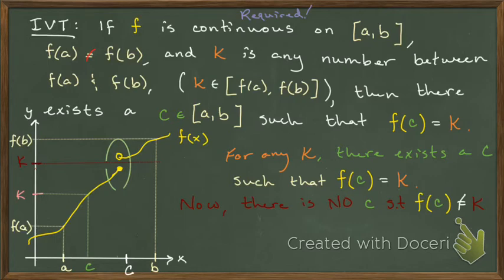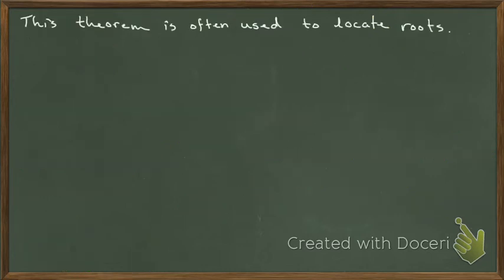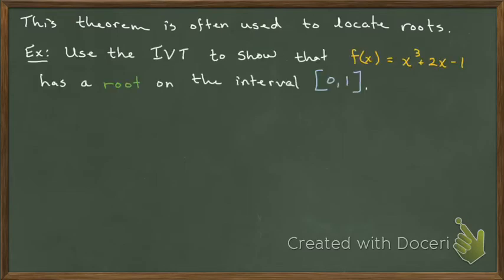Okay, let's look at an example. Where this theorem is used most is to locate roots or x-intercepts. So the example I want to go through: let's use the intermediate value theorem to show that this function, f of x is x cubed plus 2x minus 1, has a root on the interval from 0 to 1.